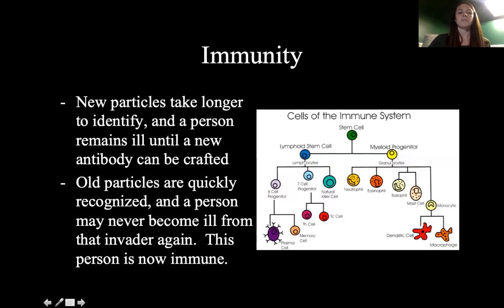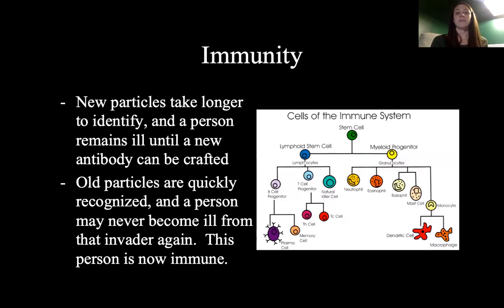New particles take longer to identify. So the problem with coronavirus, COVID-19, and the reason children aren't really getting infected as much is because we get coronaviruses all the time. Coronaviruses aren't new. This is just a new strain of it.